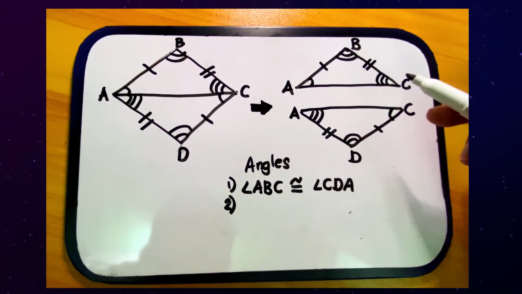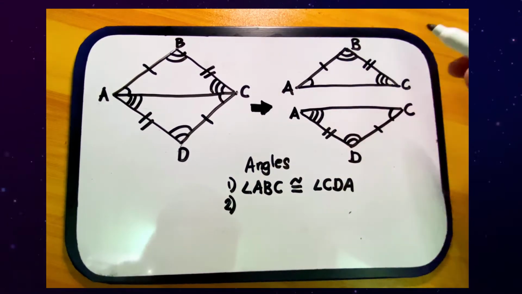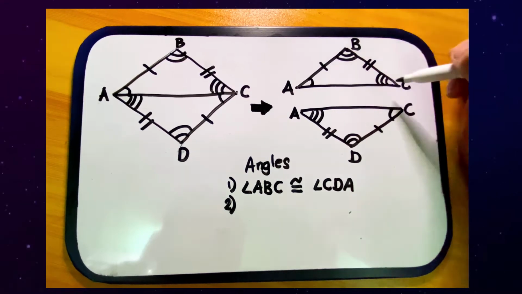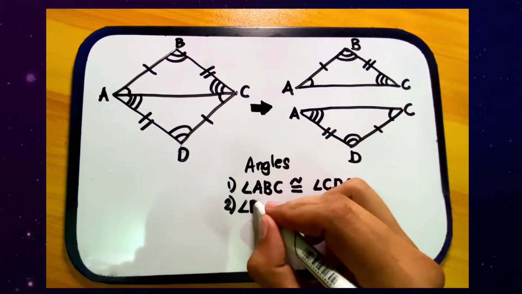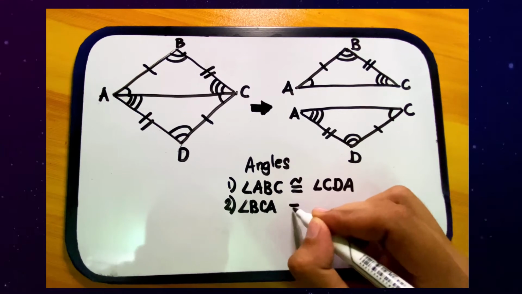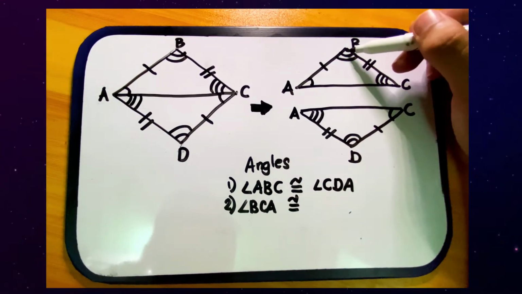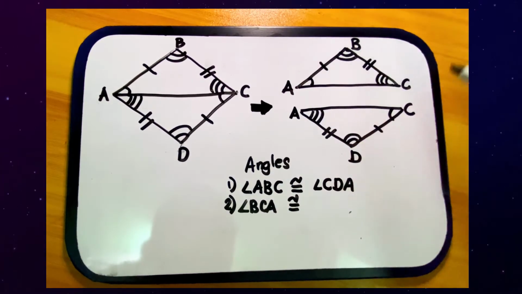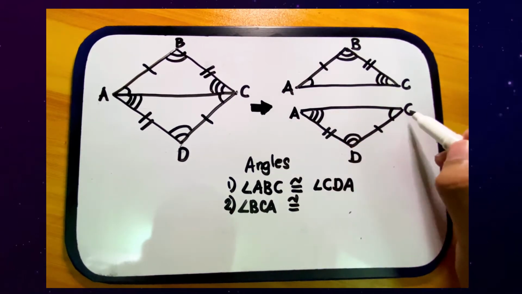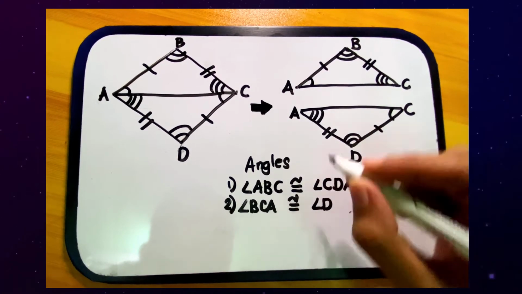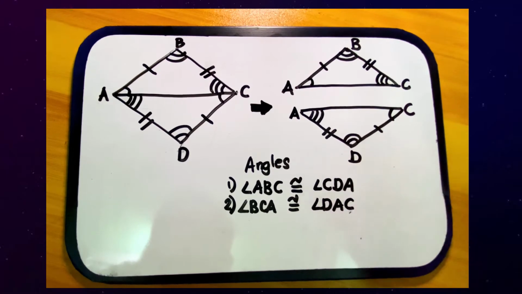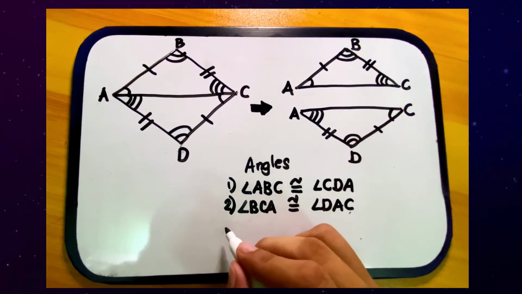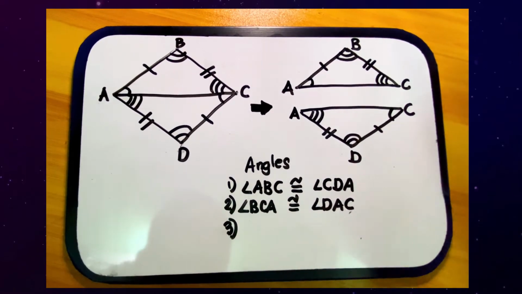Next, since we are done about 1 2 3, so we can start here. BCA, angle BCA congruent to, so BCA 2 3 1, so here 2 3 1, so DAC. Okay, next we will start here.